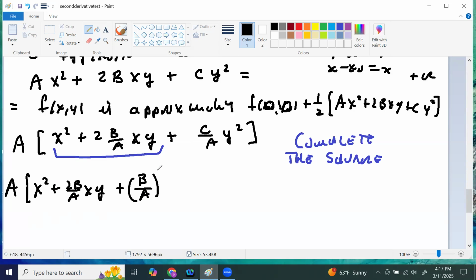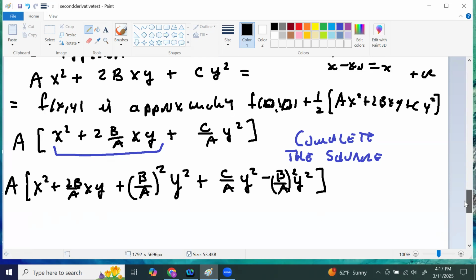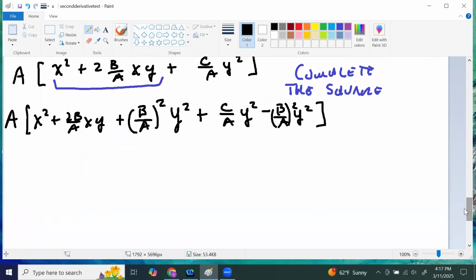So divide by 2 and square. And then I have a y squared. But because I added that, I better subtract that, like so. So I didn't change anything because I added and subtracted exactly the same thing.